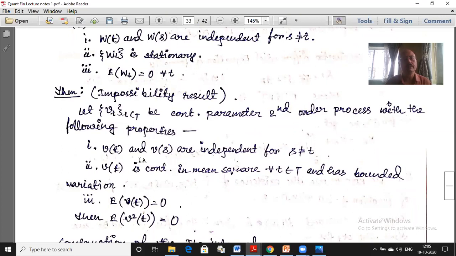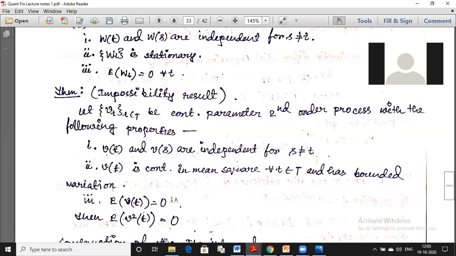So I want these properties. What are the properties? Vt and Vs are independent for s not equal to t, which we have in the desirable set. Vt is continuous in mean square, which we have already wanted. Earlier we took that as assumption capital A, and we want it to have bounded variation, of course, and we want it to be mean centered. So the expectation of Vt should be zero.